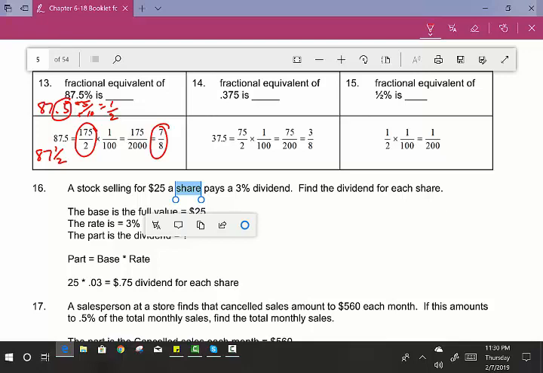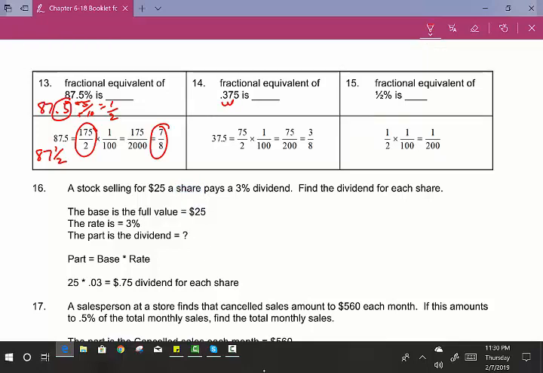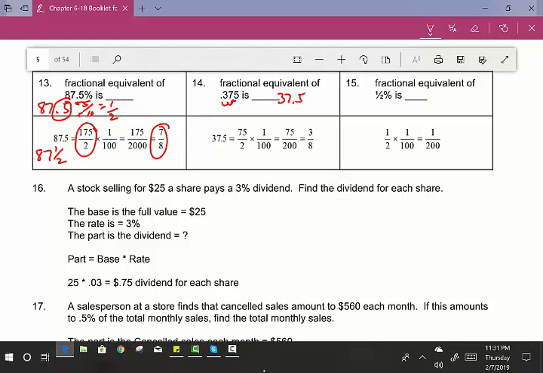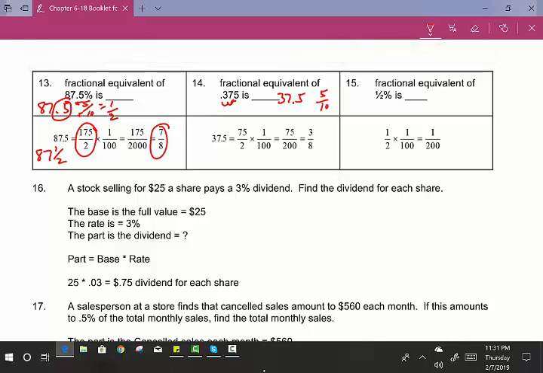The fractional equivalent of 0.375 is, what I'm going to do here is convert this decimal to a mixed number, which is the same as 37.5%. And then that 5 is in the tenths location, so it's the same as 5 over 10. 5 will go into itself one time. 5 will go into 10 two times. So this is the same as 37 and 1/2.